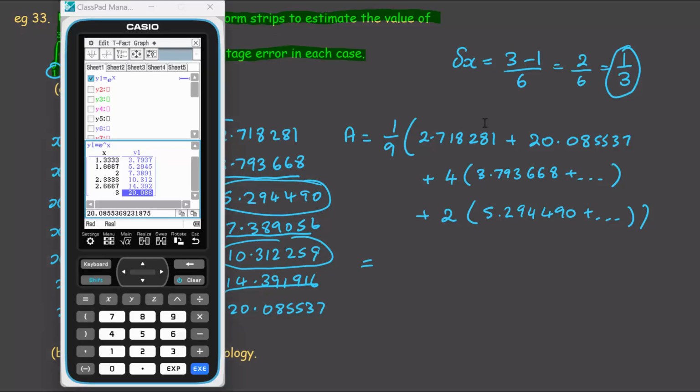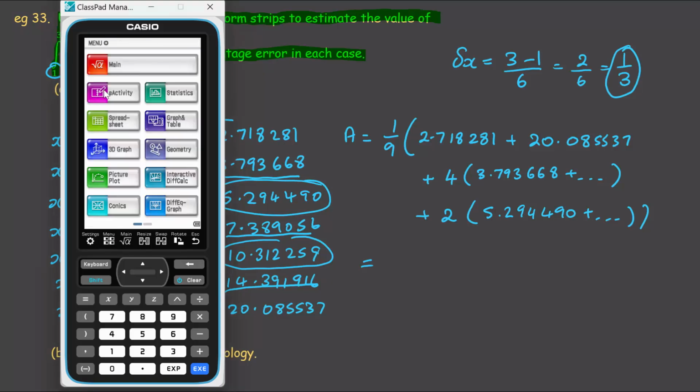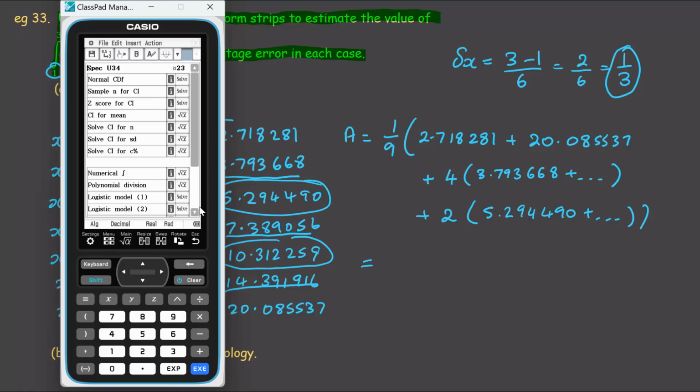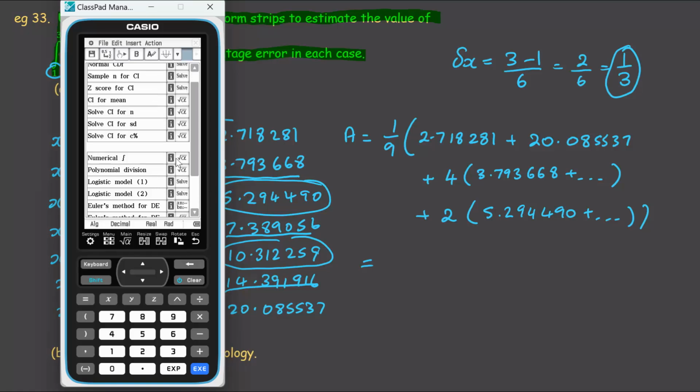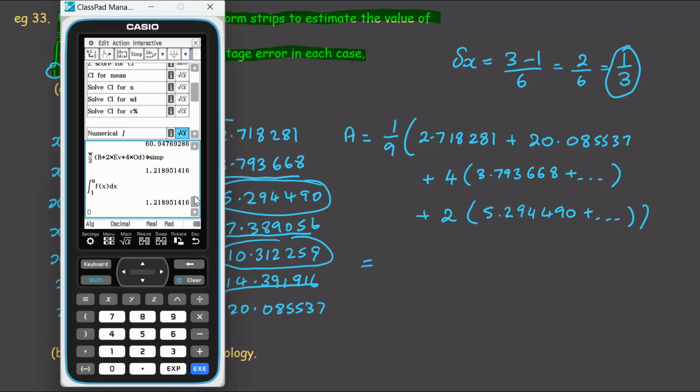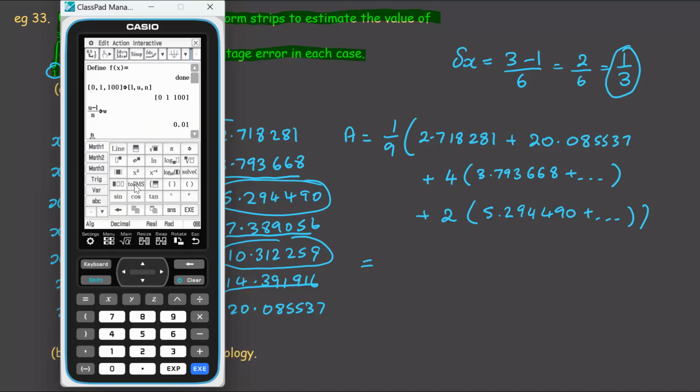Now, in actual fact, I'm not going to type all this into the calculator and do it. I'm just going to go back to the E activity. I'm going to go for the numerical integration. It's the same one. I'm going to change the function at the top here to e to the x.